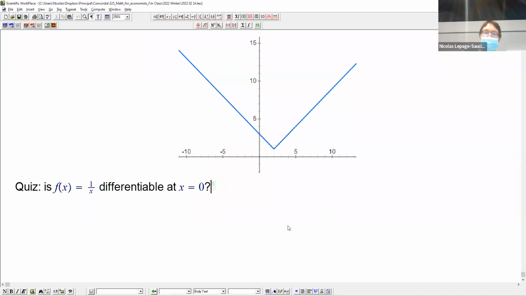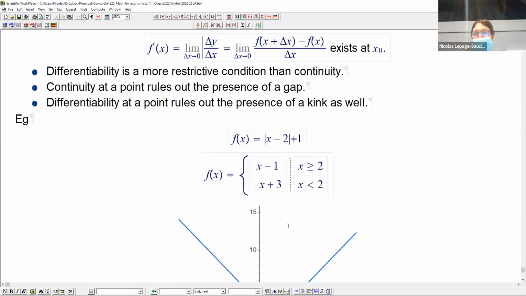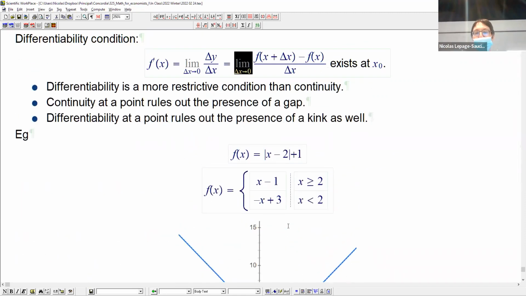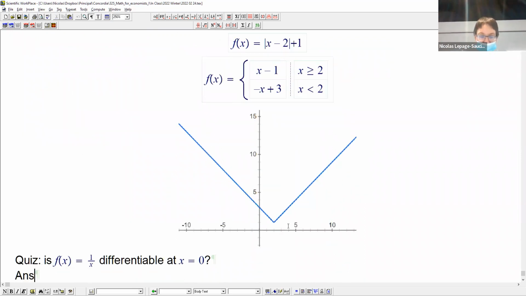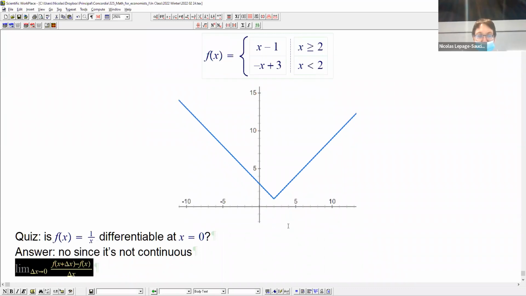Well, essentially, we have already said it. I said that you have to be continuous to be differentiable, and it's not continuous at 0. So no, since it's not continuous. But I'm just going to go even further and write what would happen if you were to do that. Let me show you what happens if I compute this.